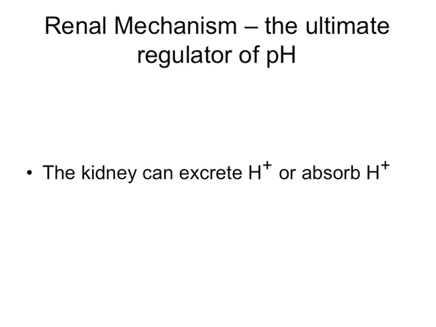And the final mechanism is the renal mechanism. And the kidneys can quite simply either excrete acid or absorb acid. So if there's excess acidity, the kidneys will put acid into the urine. If there's insufficient acidity, the kidneys can absorb acid back from the renal tubules and bring it back into the body.